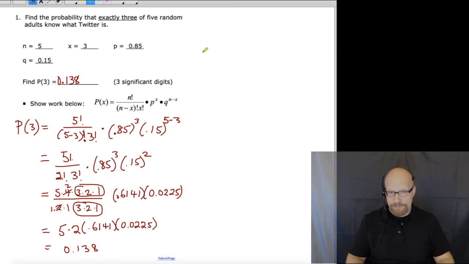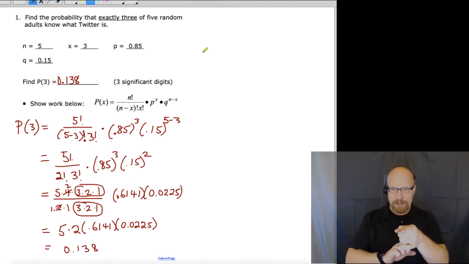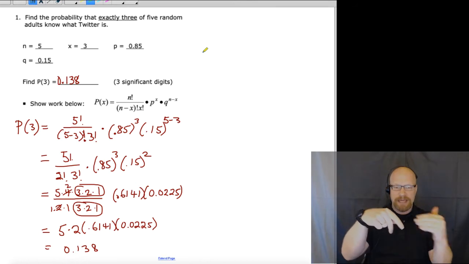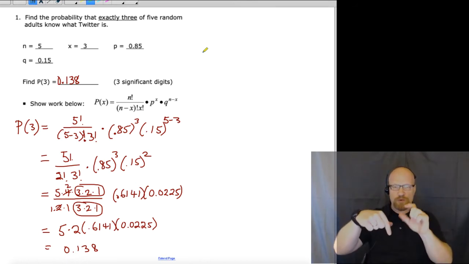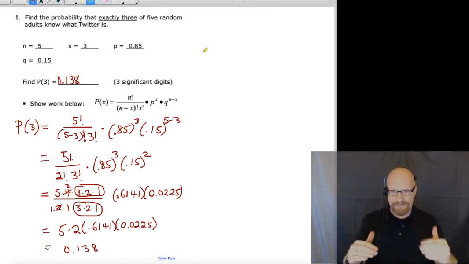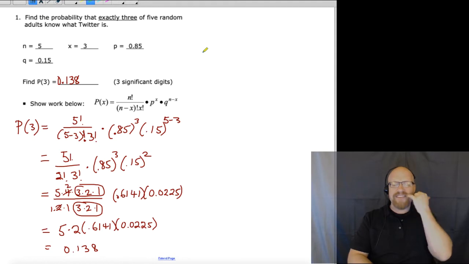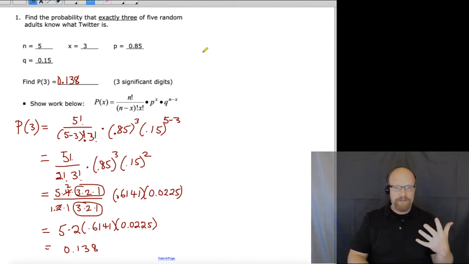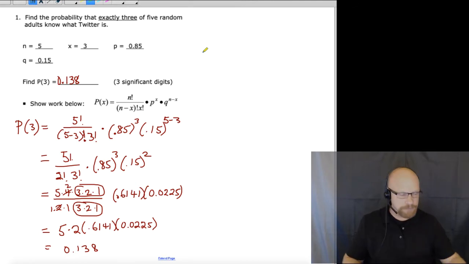Now, here we have the Twitter example. N equals 5, X equals 3, P equals 0.85, Q equals 0.15. To find the probability of getting 3: if I chose 5 adults, what are the chances that 3 out of my 5 will know what Twitter means?